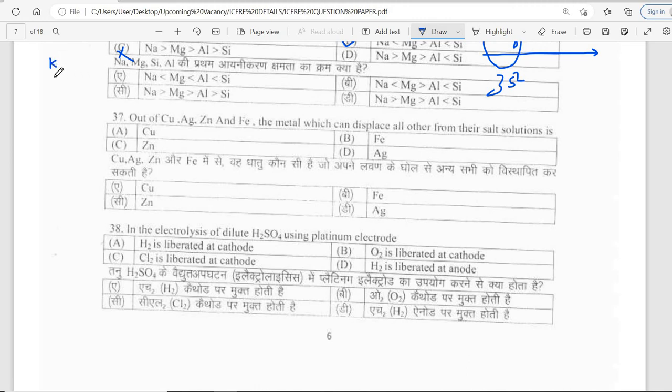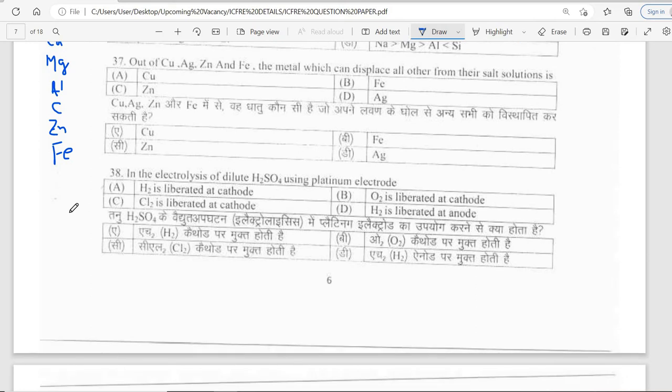Potassium should be the most reactive, and then sodium, after sodium calcium, after that magnesium, and after that aluminium, after that carbon, after that zinc, after zinc iron, and after iron tin, Sn.